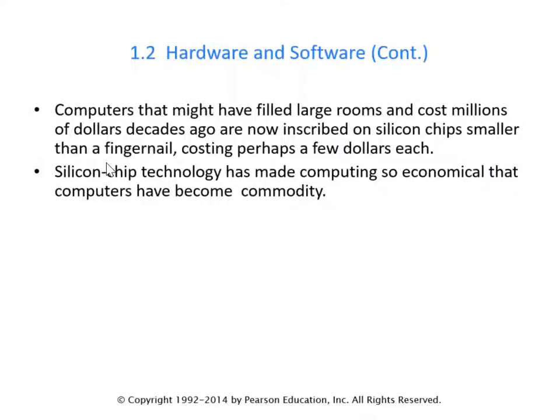And my old IBM PC came with 64K of RAM, and a meg is 1,000 K, a gig is 1,000 meg. So when we look at 64K versus 64 gig, that's a millionfold difference. Now my desktop computer at home, I've got 32 gig.